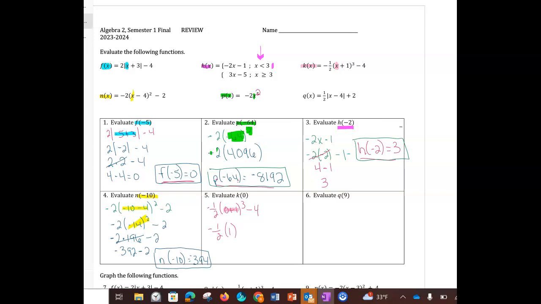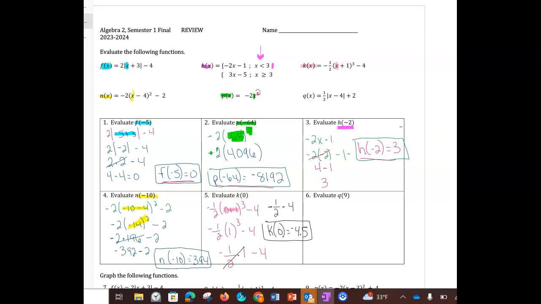Then I'll be taking the 1 in parentheses and cubing it, which just gives me 1 again. From there, I'm going to multiply negative half times 1 as well, just negative half. And if I have negative half and take away 4, now I'm at negative 4.5. So my function k, if x is 0, becomes negative 4.5.